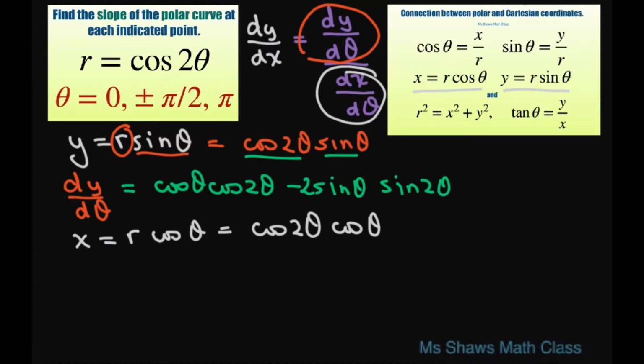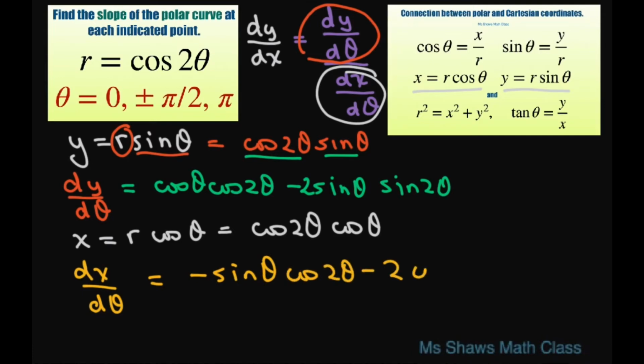So let's differentiate our x with respect to theta. This is going to give me negative sine of theta times cosine of 2 theta minus 2 cosine of theta times sine of 2 theta, just using the product rule there. It's very similar to the other one.